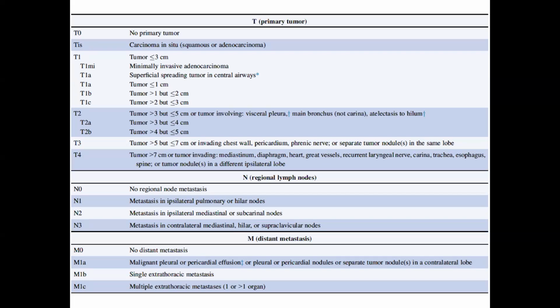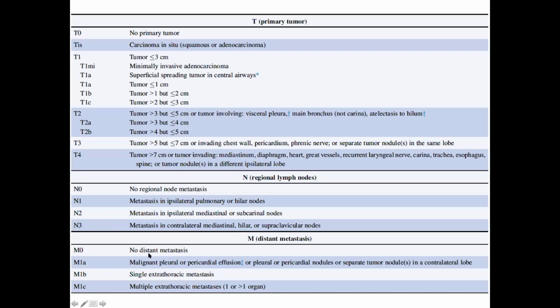In contrast to N3 nodes, where there are lymph node metastases in the contralateral mediastinal nodes or hilar nodes. So they've crossed to the other side, left-sided tumor, but right-sided hilar lymph nodes, N3. Or supraclavicular nodes is the other situation where we'll be looking at N3 nodes.